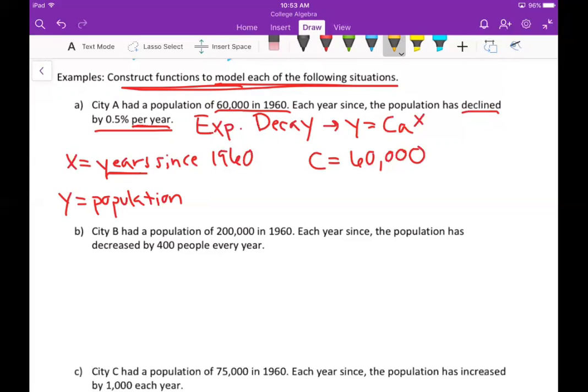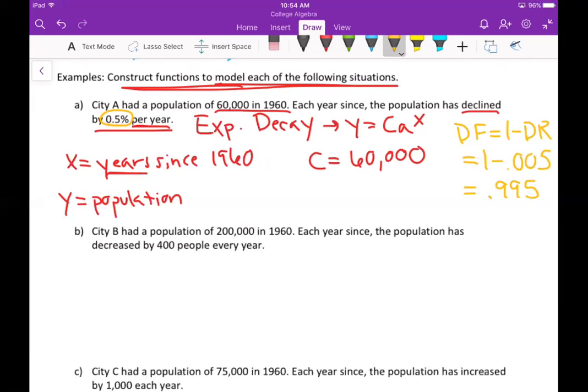Remember, the decay factor that we want to put into our equation is always 1 minus the decay rate, always in decimal form. 0.5% in decimal form is 0.005, so that is 1 minus 0.005. The decay factor you're going to use in your equation is 0.995.